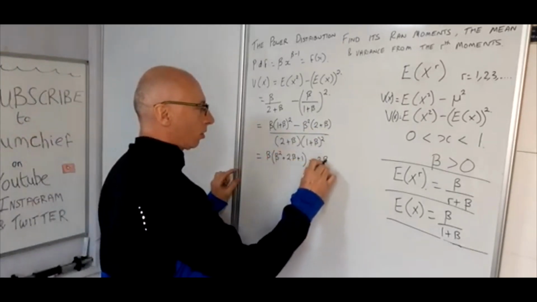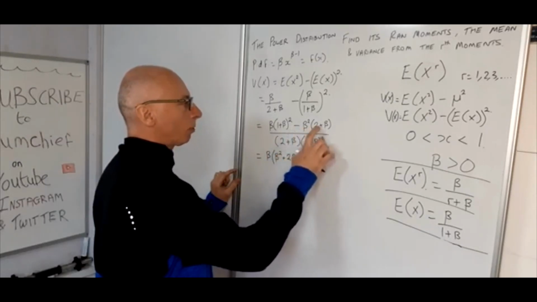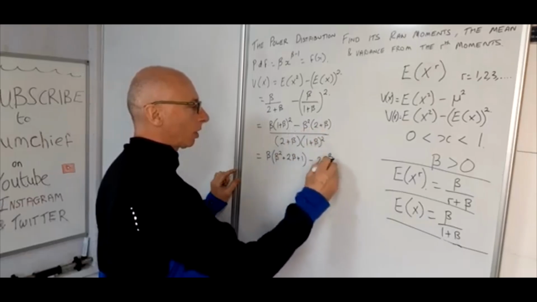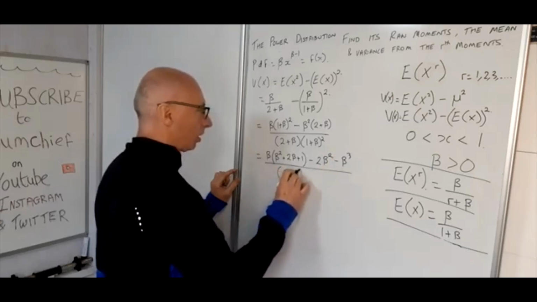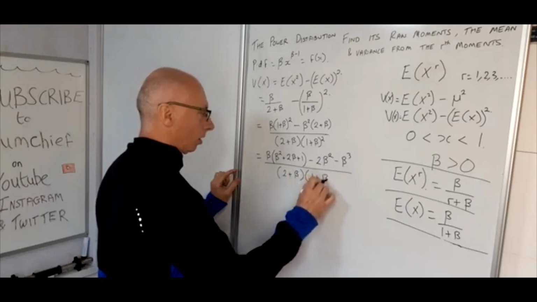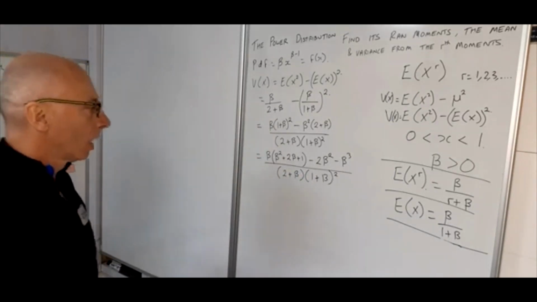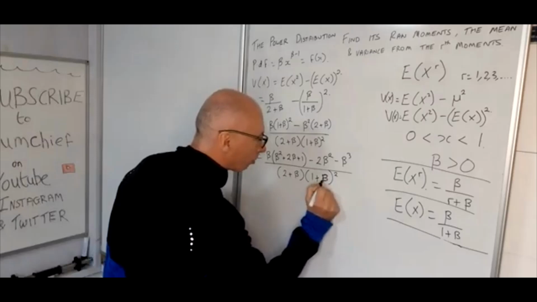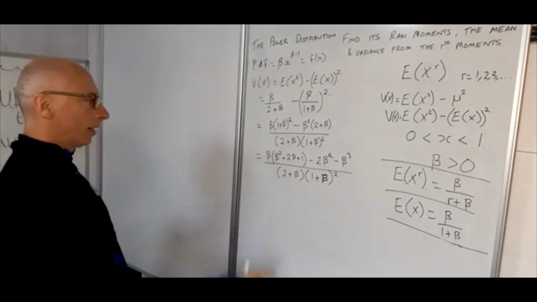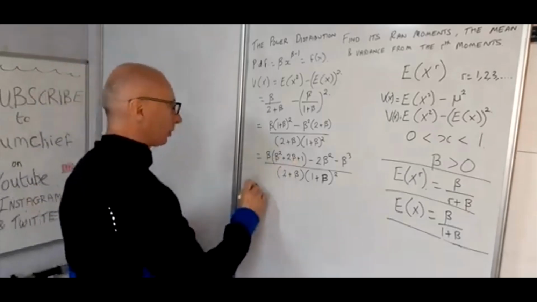So that's minus 2 beta squared. And then minus and a plus. So remember, this will be a minus. So that'll be minus beta cubed. And that's still over the same denominator. Okay. So that looks more like a 13. Let's make sure it looks like a B. Okay. Multiply this beta inside here, and let's see what we've got.